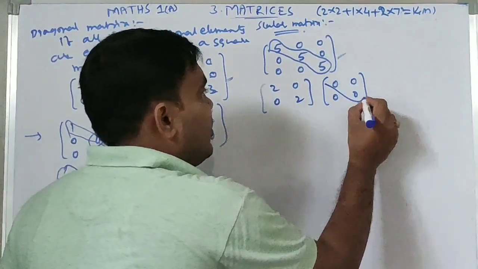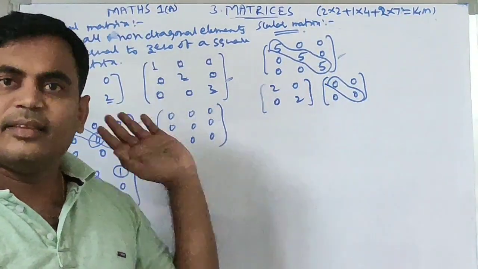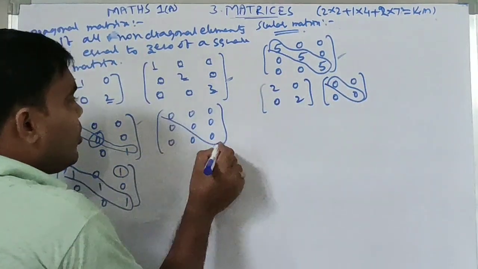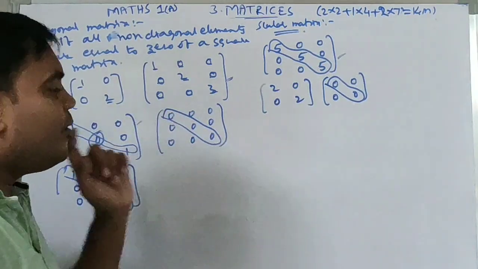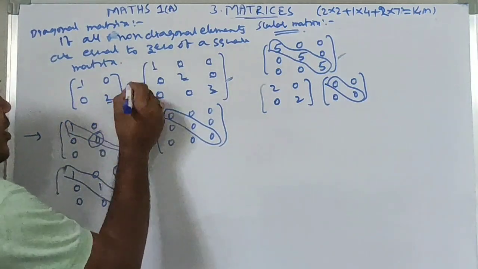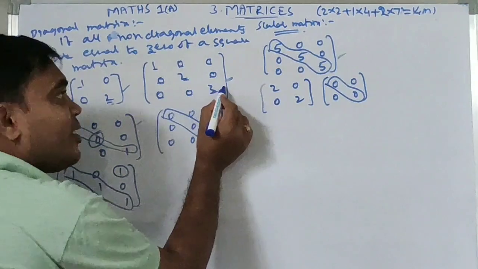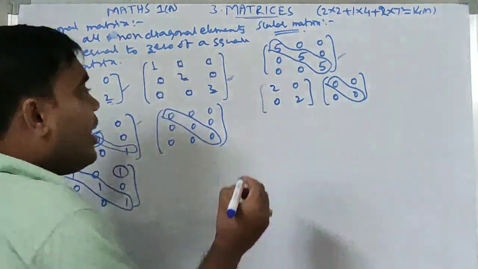These are the diagonal elements, and they are equal to 0. Then it is called a scalar matrix. So here also the diagonal elements are equal, so it is also a scalar matrix. But 1 0 0, 0 2 0, 0 0 3 is not a scalar matrix, it is a diagonal matrix. Next, identity matrix.